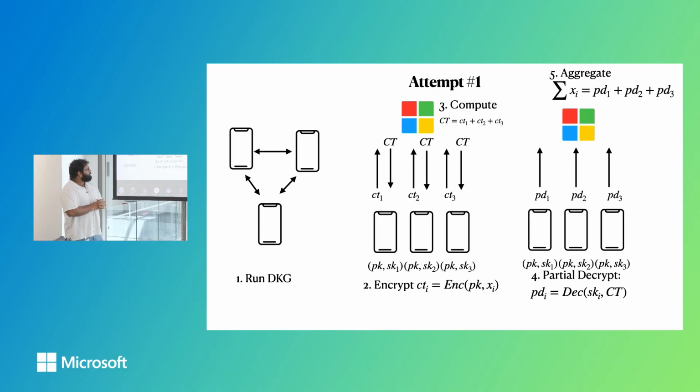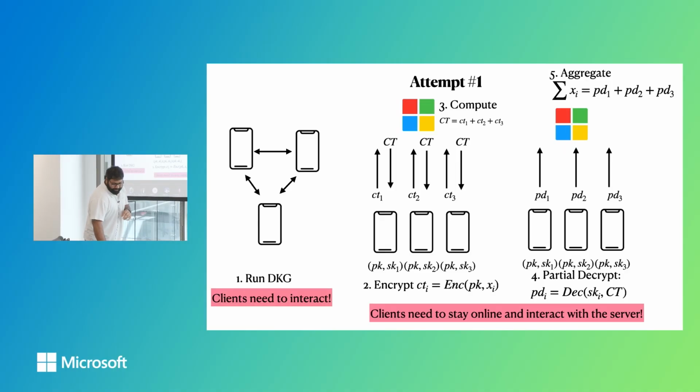Okay, so this is a simple, easy approach to solve the problem, but there are two issues here. One of which is what Kim was talking about earlier, that you can't really expect channels between devices. For instance, my phone and your phone need not be connected to run a DKG. So this is not a great idea.